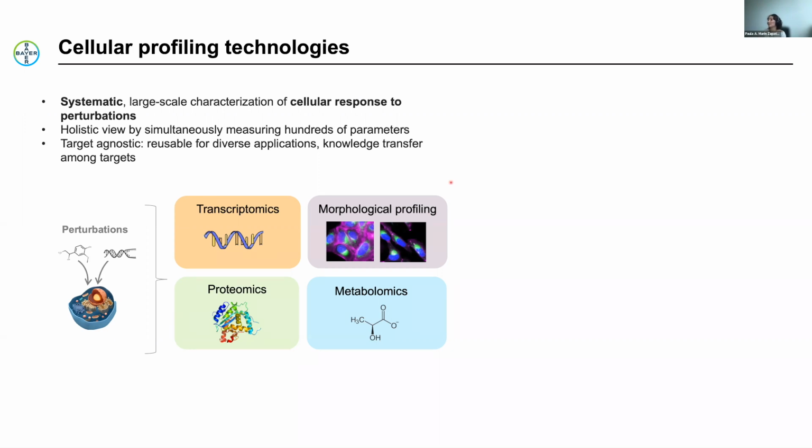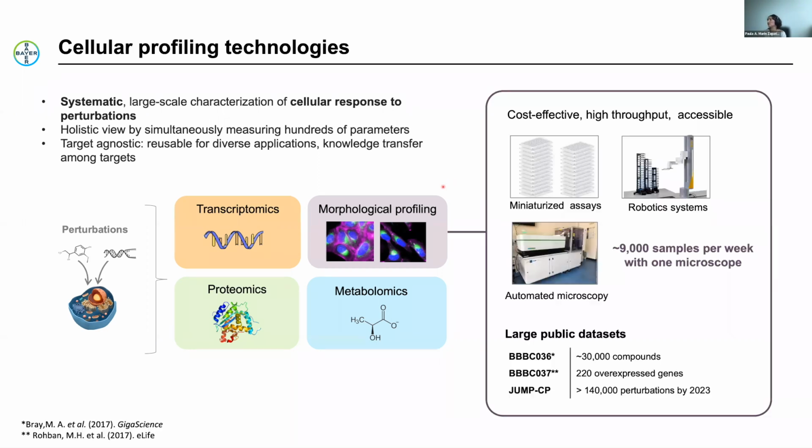But it offers many advantages over the other technologies because it is, among all, the most cost-effective and high-throughput technology, and it's very accessible because most labs and companies already have automated fluorescent microscopes, which is the only thing that you need to perform this assay.